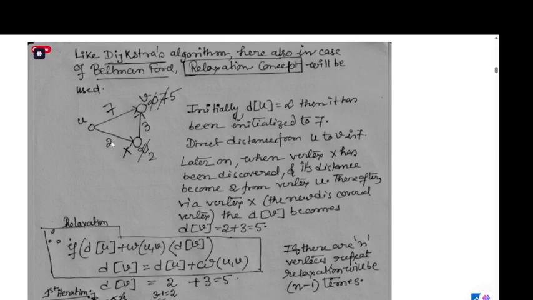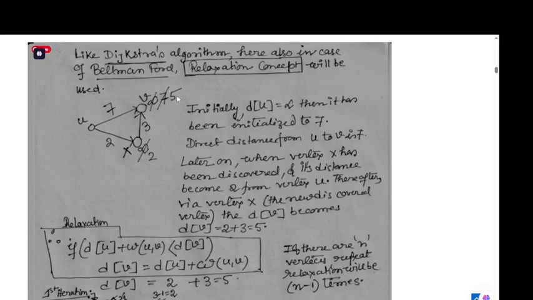However, later on you can explore this x path, which is again connected to v. Once this node x, which is in between u and v, has been discovered, you can visit vertex v from u via vertex x, which costs 2 plus 3, that is 5.